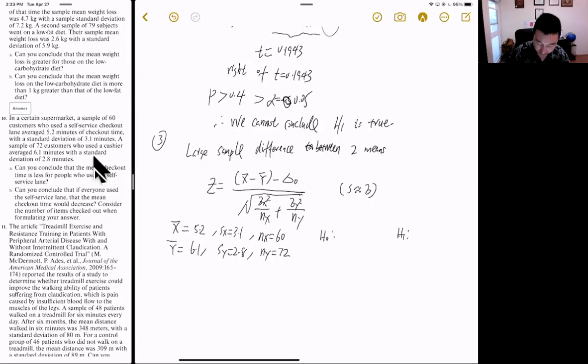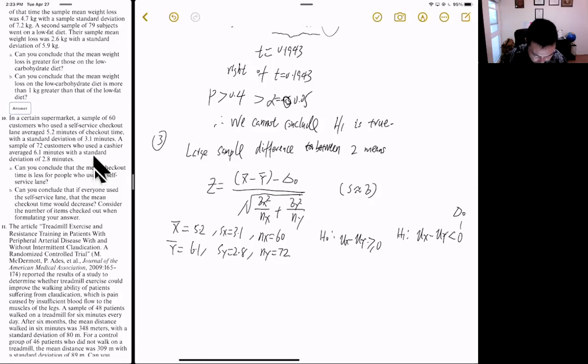Then we set up H0 and H1. H1 is, can you conclude that the mean checkout time is less for people who use the self-service lane? So that's mu X minus mu Y less than 0. 0 will be the delta 0 here. And H0 will be mu X minus mu Y larger or equal to 0.